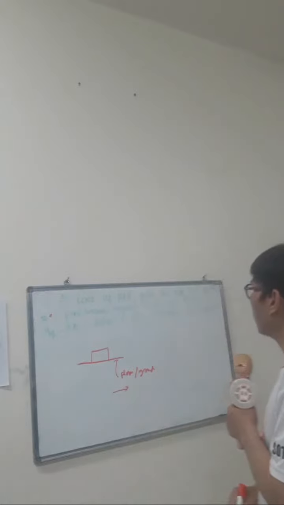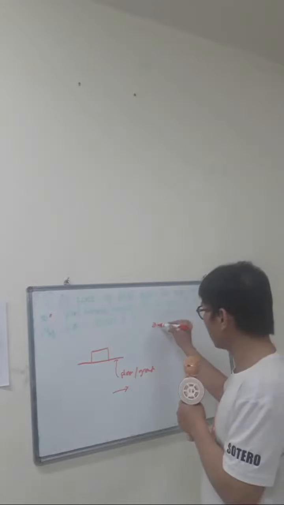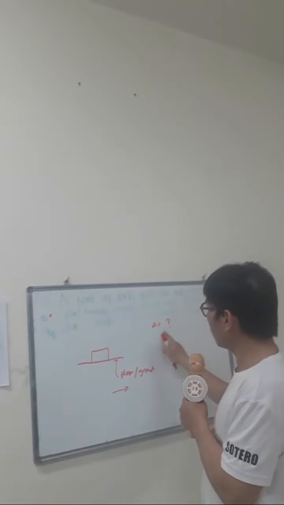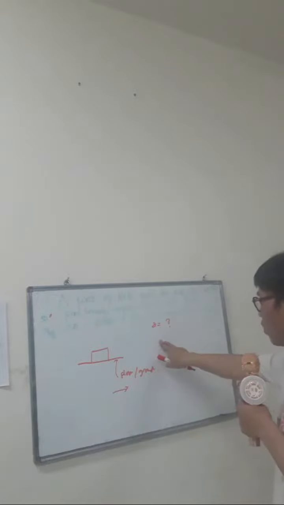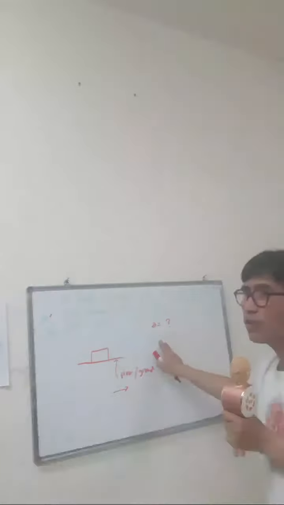What we need to compute is the horizontal acceleration. So acceleration is being asked. The only formula that we can use is the second law of Isaac Newton. An object in motion will remain in motion unless acted upon by a net force.